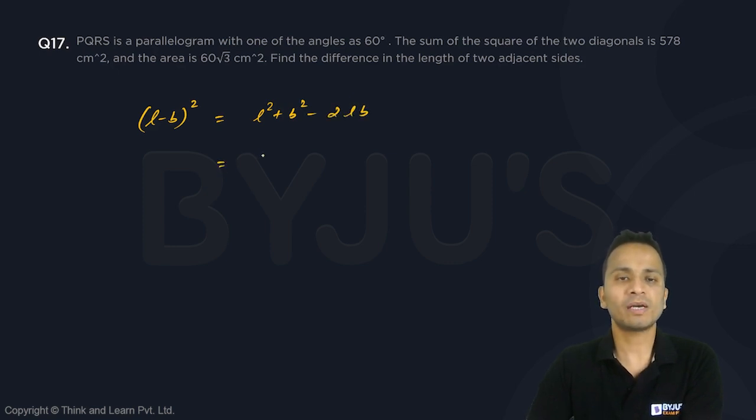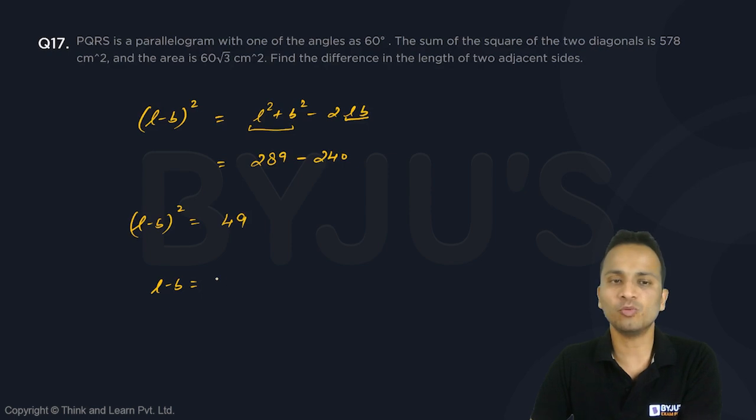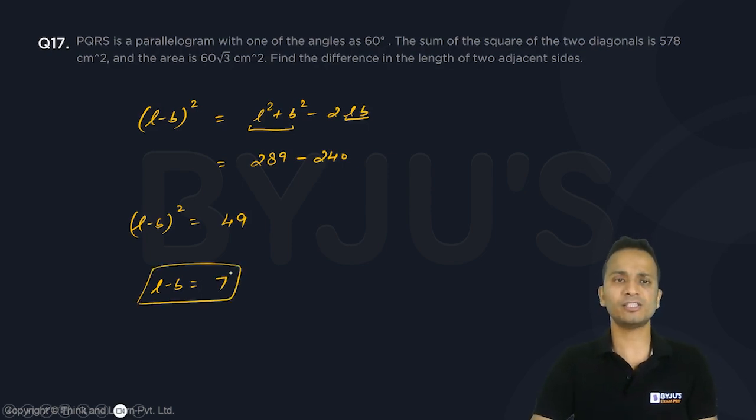This will come out to be 289, which is the value of L square plus B square, minus twice of LB. LB is 120, so 120 into 2 is 240. So (L minus B) whole square is equal to 49, and hence L minus B will be equal to 7. So 7 is the answer for this question.